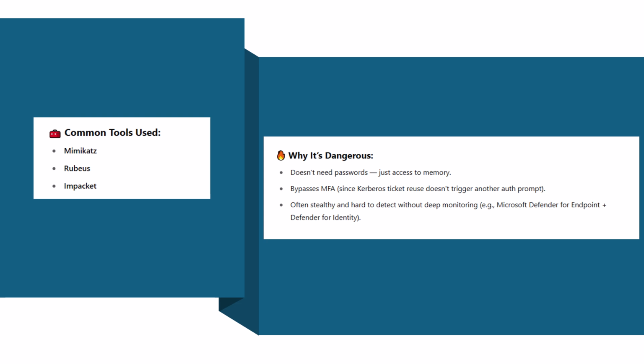Some of the common tools that are used to do this are Mimikatz, which we mentioned before, Rubeus, Impacket, etc. So it is also important that you have tools to monitor the kind of applications that are installed on the system.